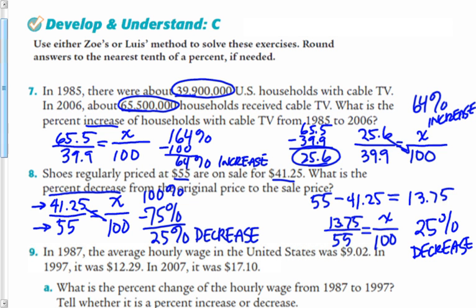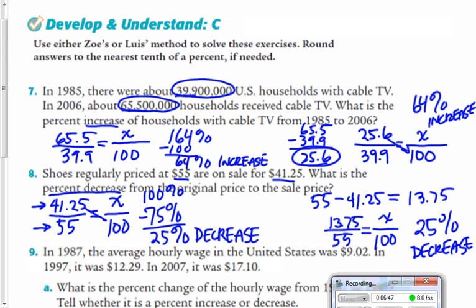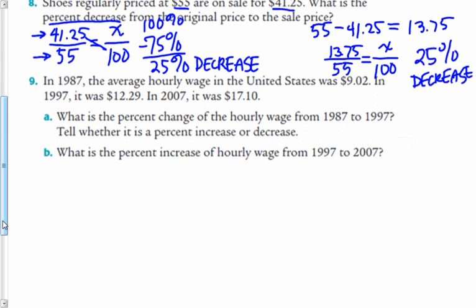Okay, let's do one more problem. It says the average hourly wage in the United States was $9.02 in 1987. It was $12.29 in 1997, and in 2007 it was $17.10. The first problem is asking, what is the percent change of the hourly wage from 1987 to 1997?